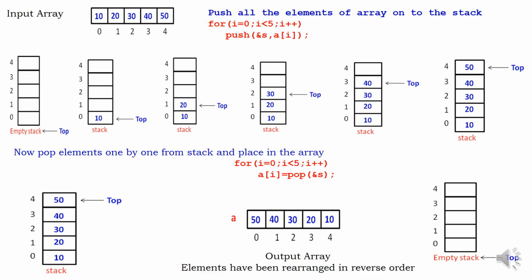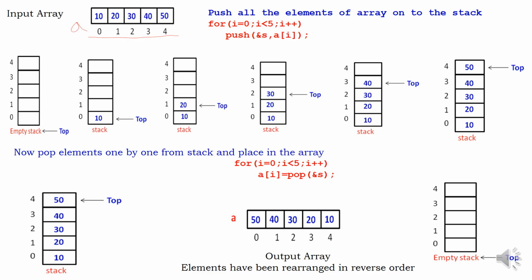Let us assume that there is an array with 5 elements: A0, A1, A2, A3, A4. The values are 10, 20, 30, 40, 50. We want to rearrange them in reverse fashion, that is A0 becomes 50, A1 is 40, A2 is 30, A3 is 20, A4 becomes 10. So whatever elements are there have to be rearranged in reverse fashion.